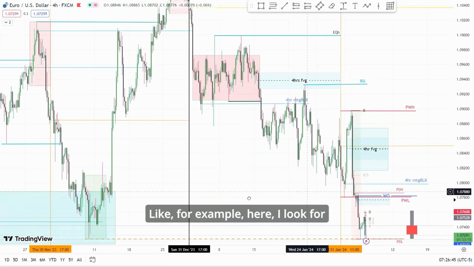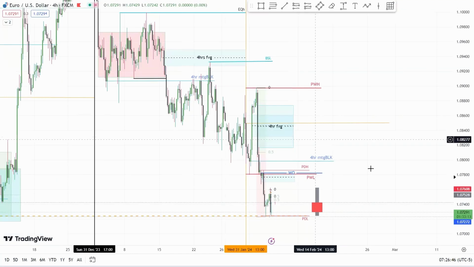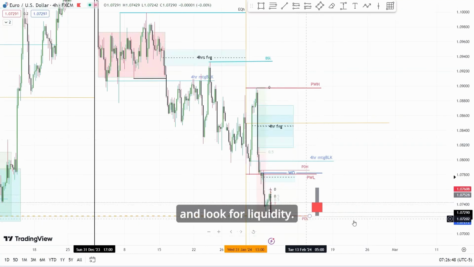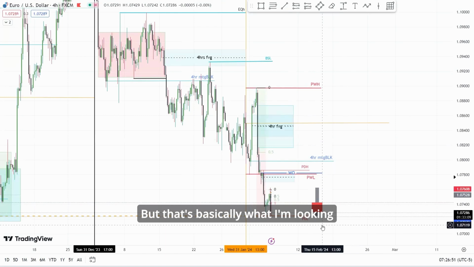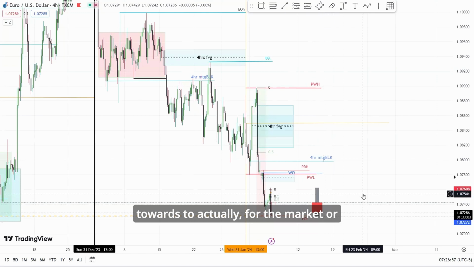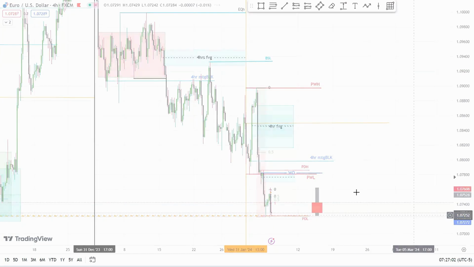Like for example here, and then look for inefficiencies also. Then look for liquidities, because that's basically what I'm looking towards for the price to go through. Then I go on the 5 minutes.